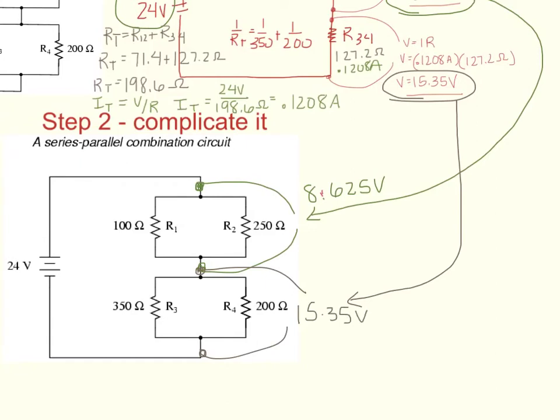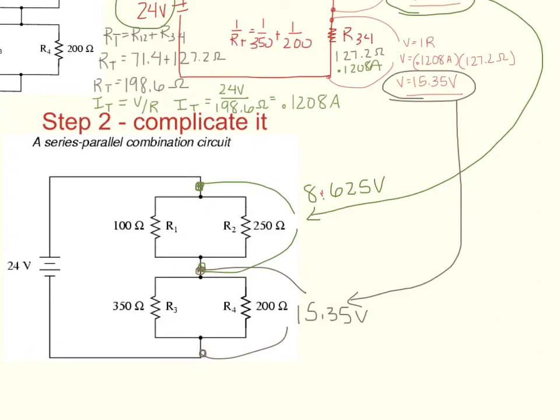From here to here, it has to be 15.35 volts. Since the charges are either going to go through resistor number 1 or resistor number 2, no matter which one they choose, they're always going to have that 8.625 volts. Same thing down here. They either will go through the 350 ohm resistor or the 200 ohm resistor.